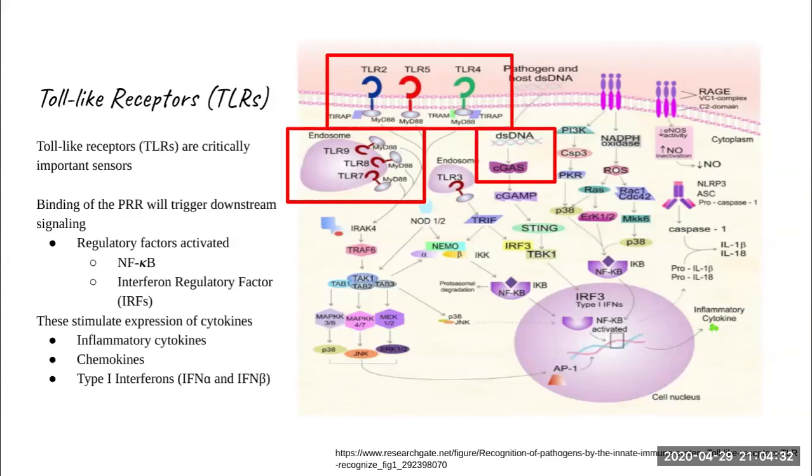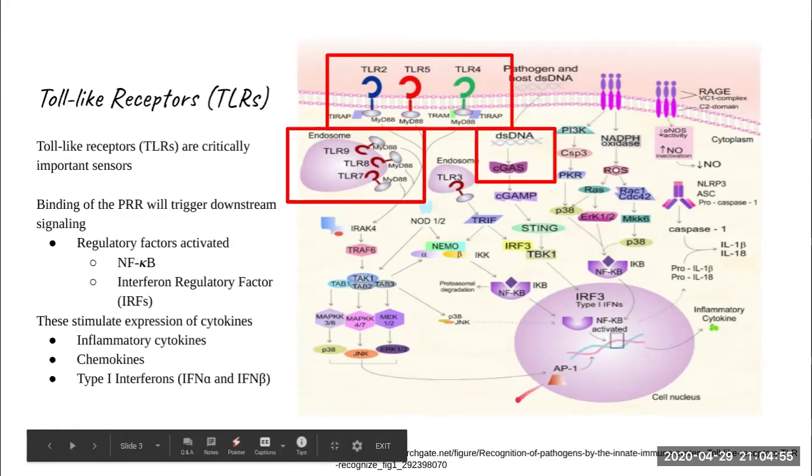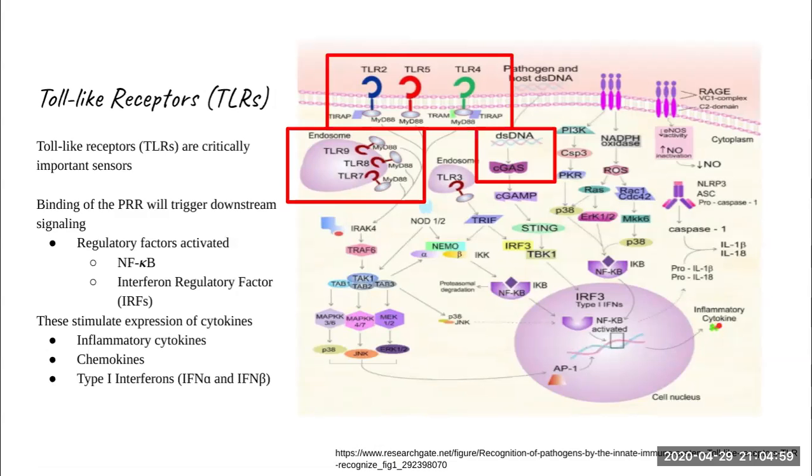So again, if this seems confusing, one, it is, and really the details aren't important, but the summary of this is that a virus or a microbe will bind to a receptor on the outside. You will have a transduction of some sort of signal, letting the cell know I found something, and it's a virus or it's a bacterium or something, and we need to initiate a gene transcription program that will eventually lead to a protein.